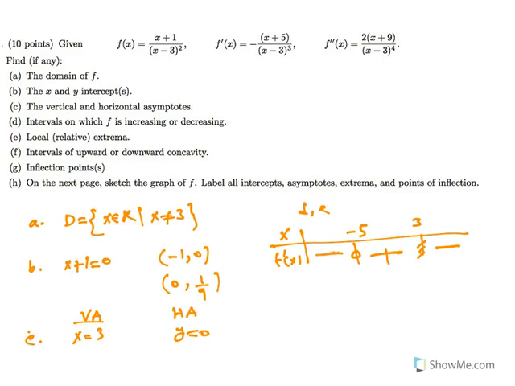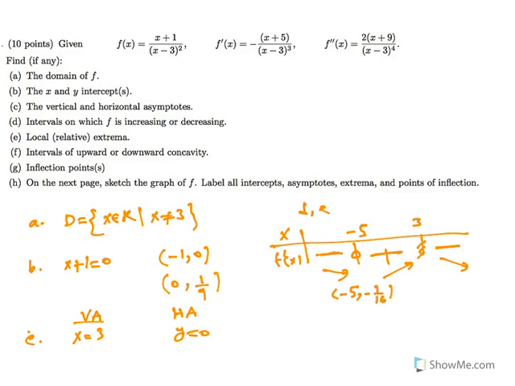Therefore, the function is decreasing, increasing, and decreasing. Negative 5 is the x-coordinate of the local minimum. If you plug negative 5 into the equation, you have negative 4 divided by 64. If you reduce the fraction, you get negative 1 over 16.